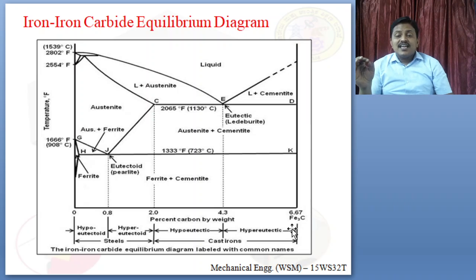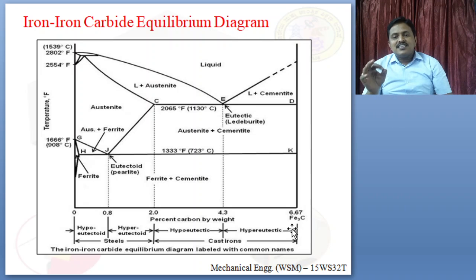So what is cast iron? Iron which can be cast easily is known as cast iron. In that, there are red cast iron, white cast iron, malleable cast iron, green cast iron, and different types of cast iron. What is this color? When the cast iron breaks, the fracture surface will be green. That is green cast iron.